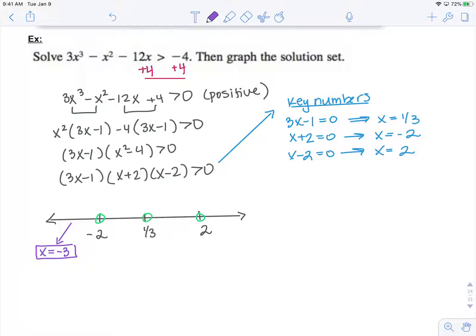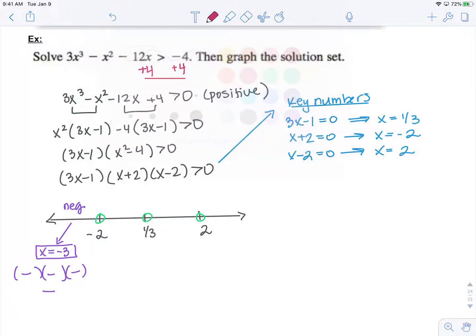If I plug negative 3 into 3x minus 1, I get negative 9 minus 1, which is a negative. If I plug negative 3 into x plus 2, that gives me negative 3 plus 2, which is a negative. And then if I plug negative 3 into x minus 2, I get negative 3 minus 2, which is a negative. A negative times a negative times a negative means that this overall polynomial is negative in this interval.